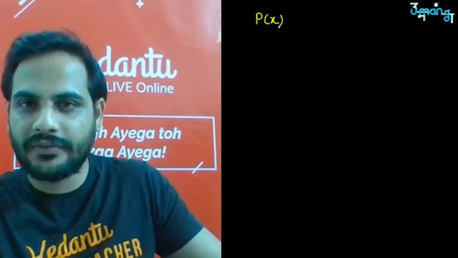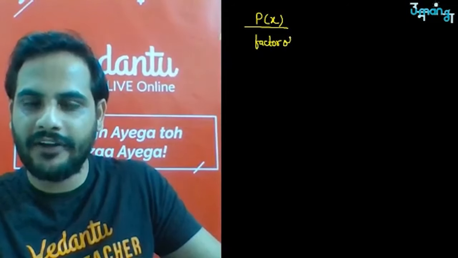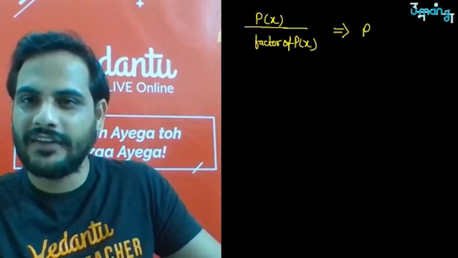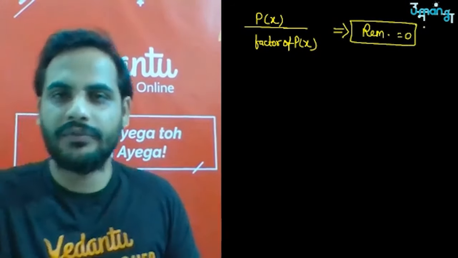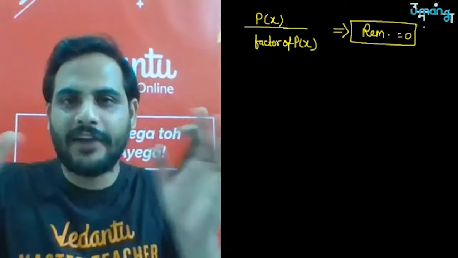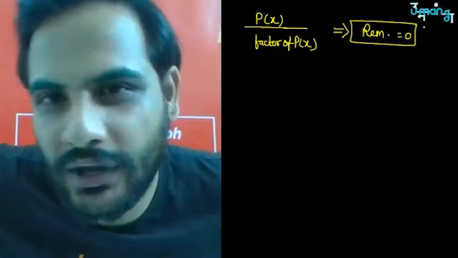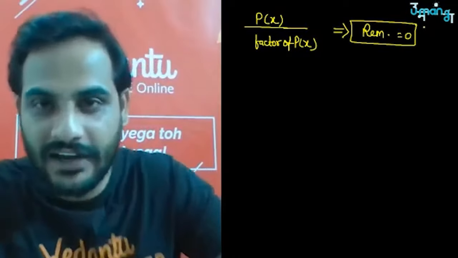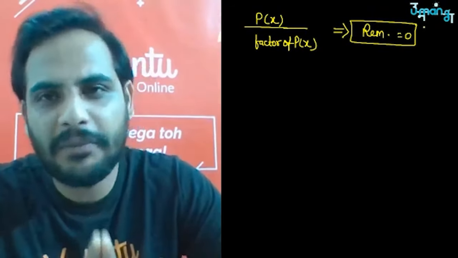That means if I divide px by a factor of px, then my remainder will be equal to 0. Factor of px means if you factorize the polynomial, you'll get something into something. Suppose x square plus 4x plus 4 is equal to x plus 2 into x plus 2. So x plus 2 is a factor of px. So if you divide any polynomial by its factor, the remainder will be 0.